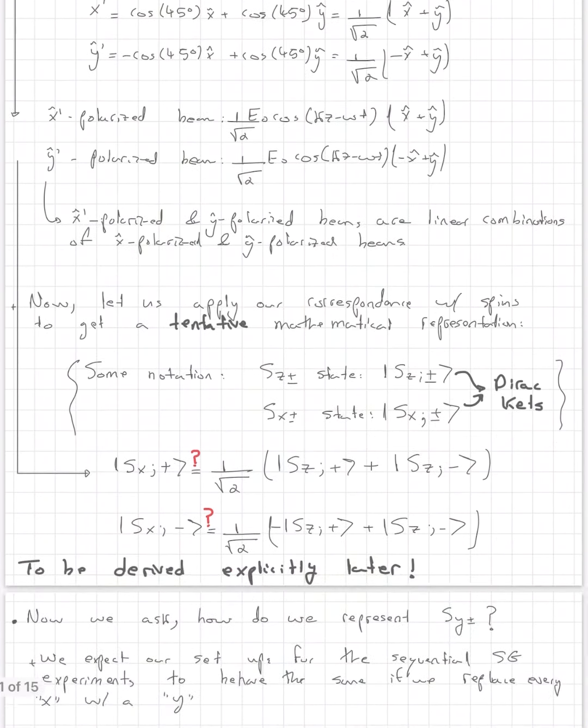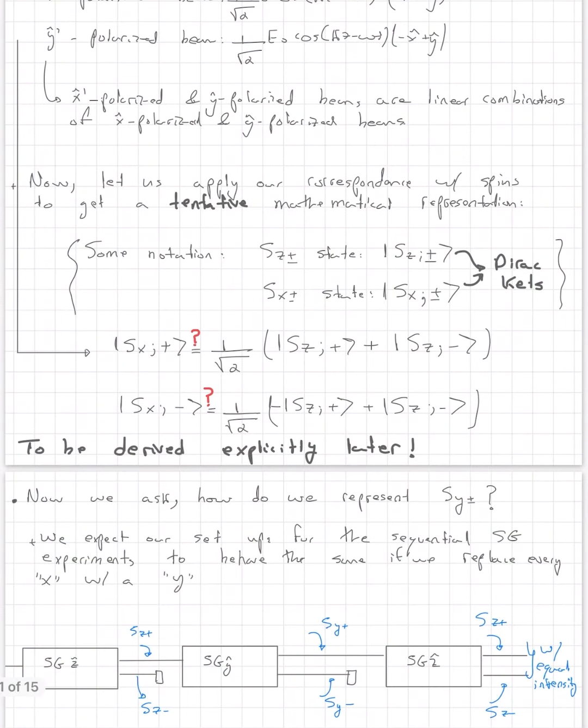So if we go back to our initial correspondence where we identified SZ plus and SZ minus with x polarized light and y polarized light, and we identified SX plus and SX minus with x prime polarized light and y prime polarized light. If we apply this correspondence and we use the notation where we represent an SZ plus or minus state using this notation over here, this is called a Dirac ket, and similarly for SX plus or minus. So we will see this notation in detail when we go to the mathematical treatment of quantum mechanics.